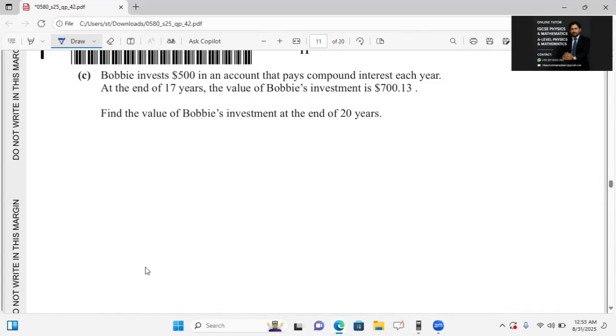The formula for compound interest: 713 is equal to 500 into 1 plus R over 100 whole power 17. The rate is calculated first by using this formula.